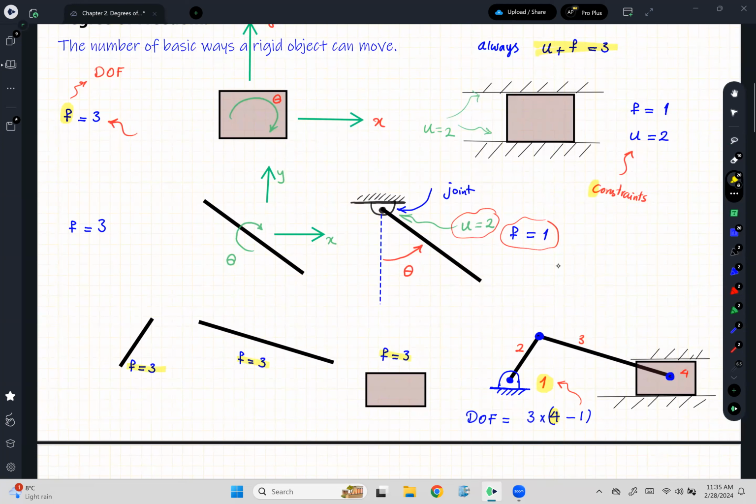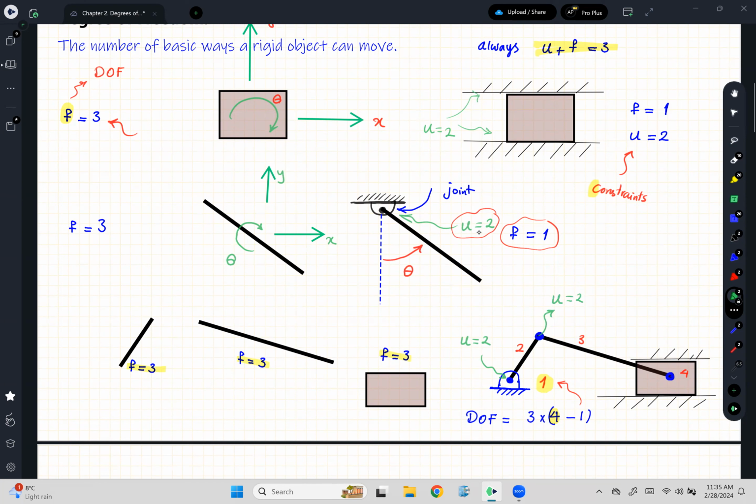So this is the degrees of freedom, but we also learned that these members are not free. There are some constraints here. There are joints. We just learned that this little joint creates a constraint of 2, right? What about this one?